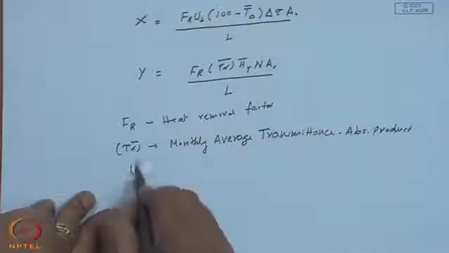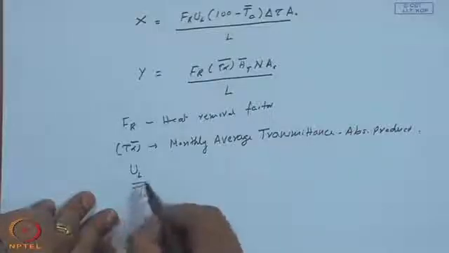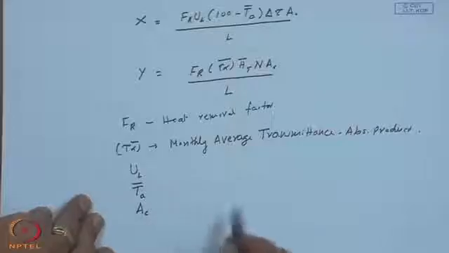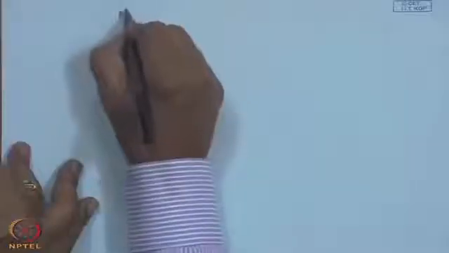UL is the overall heat loss coefficient, T A bar is the monthly average daily temperature, A C is the collector area, and these are all things we have written in detail in the last lecture, so I am not repeating. N is the number of days.